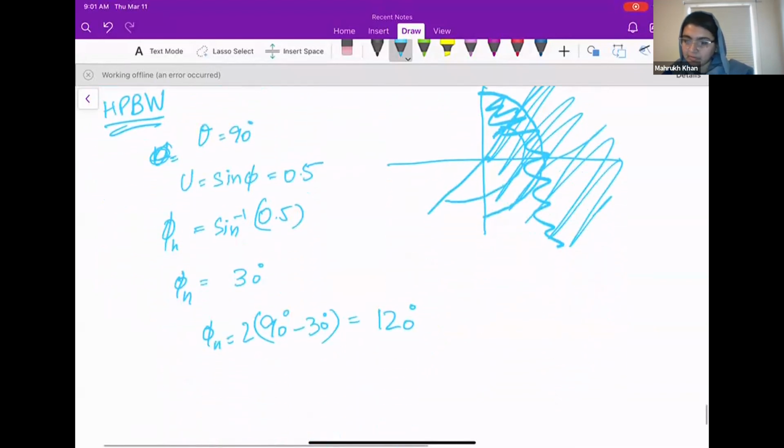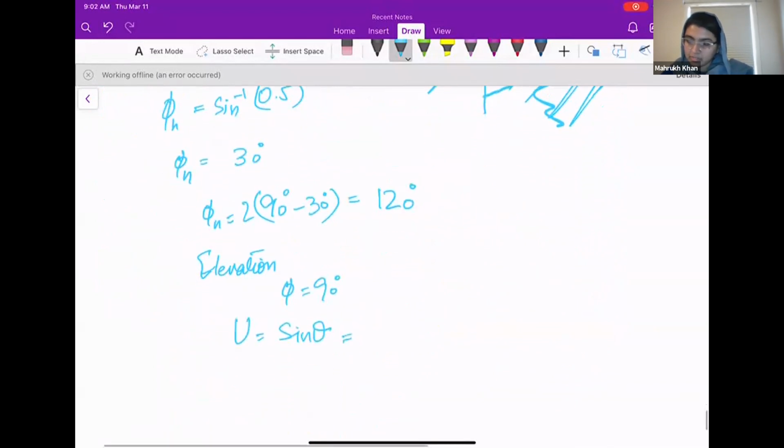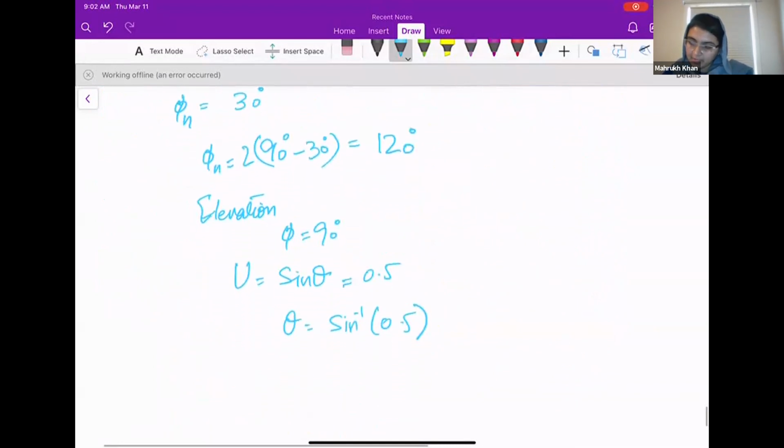So phi is equal to 90, this thing will be sine theta equal to 0.5. Theta is equal to sine inverse 0.5, and again, 30 degrees.